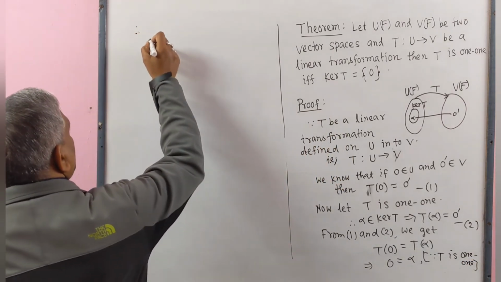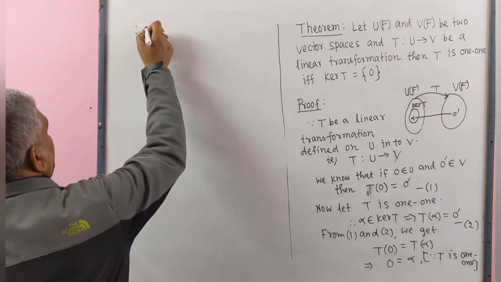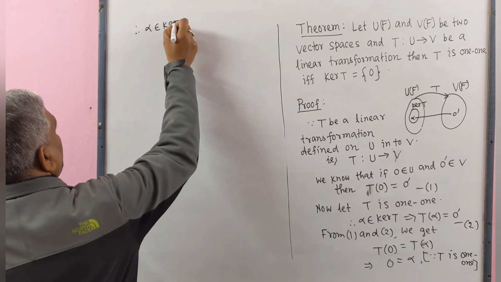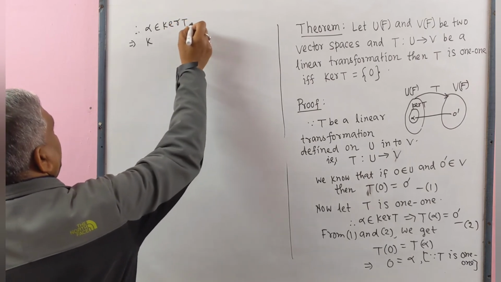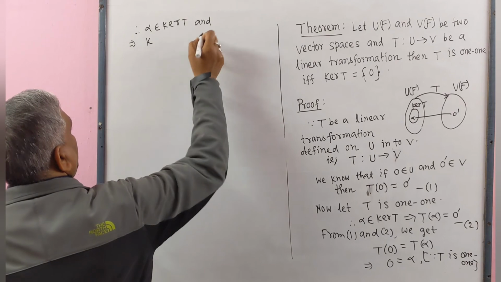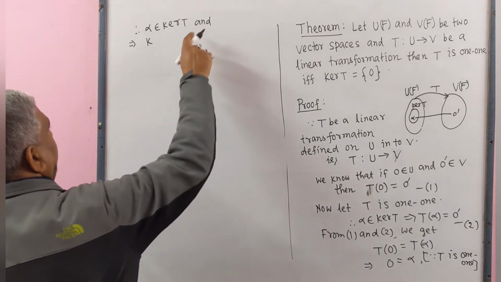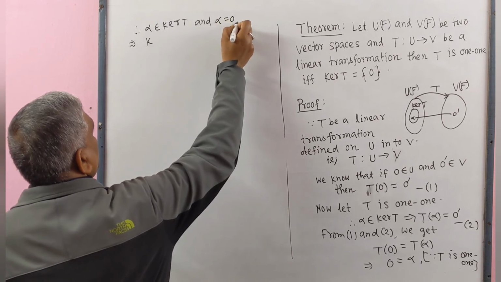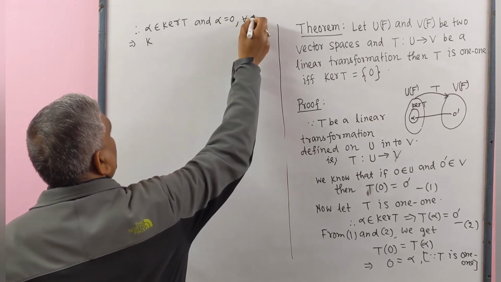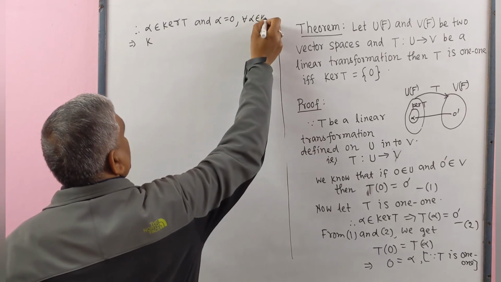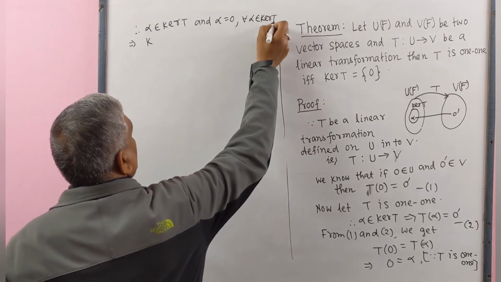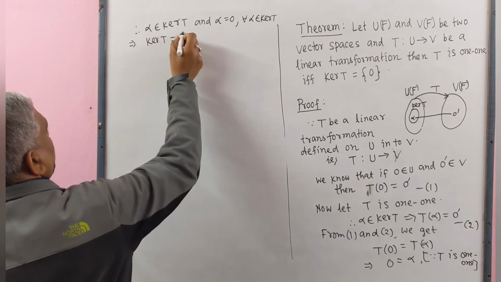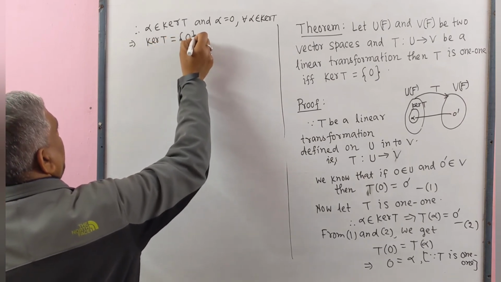Therefore, alpha belongs to ker T and alpha equals 0 for all alpha belonging to ker T. Therefore, ker T equals a set containing only the zero vector.